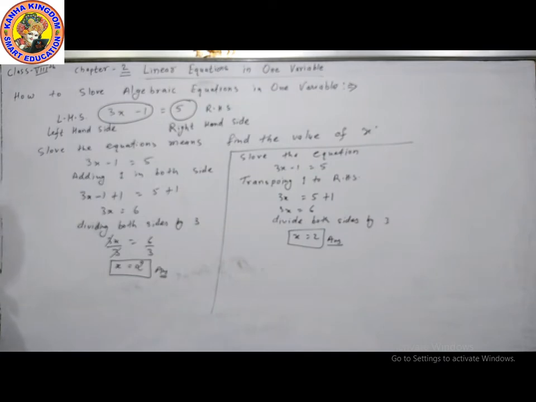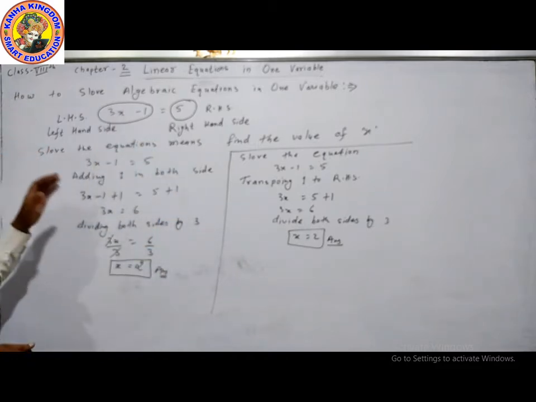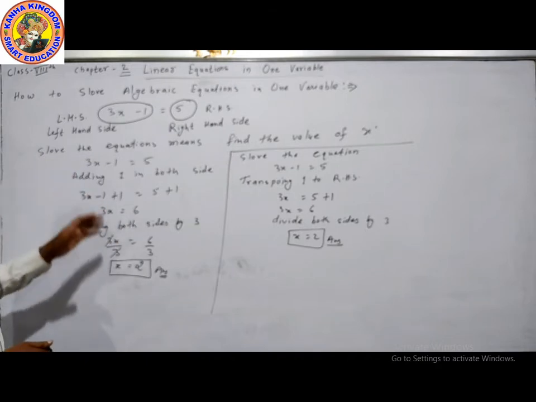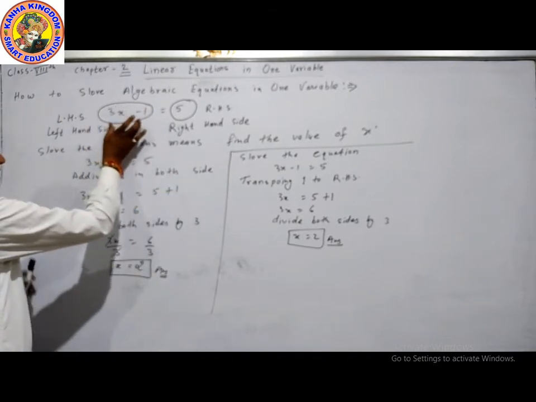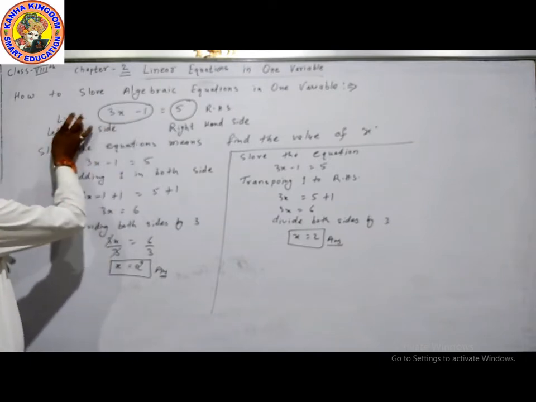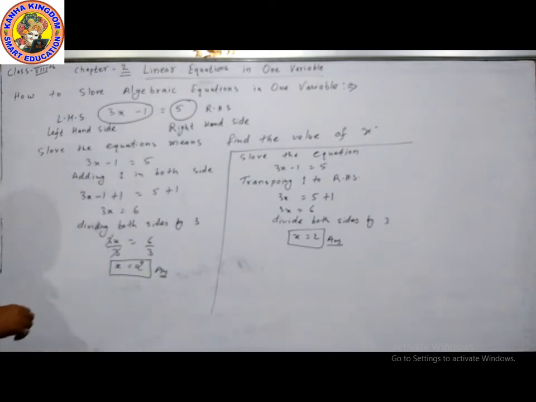So how to solve algebraic equation? We can use transpose method for solving this equation. Solving of this equation, we use left hand side and right hand side. In any equation, this part, left hand side part is called LHS and this part called RHS, right hand side.